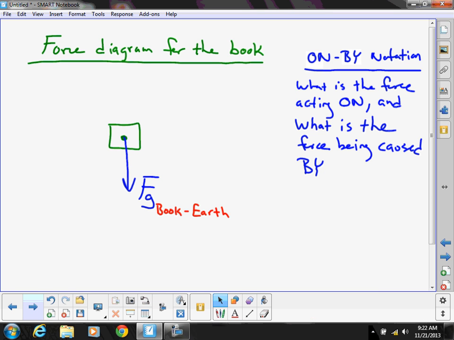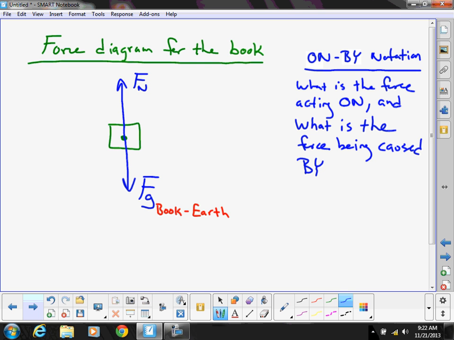From our discussion on Friday, we also know that because the book is interacting with the table, the table is causing a force on the book. And we defined that one in class on Friday as the normal force. Anytime we have an object sitting on the surface of something, it is going to have a force acting on it that is perpendicular to that surface.